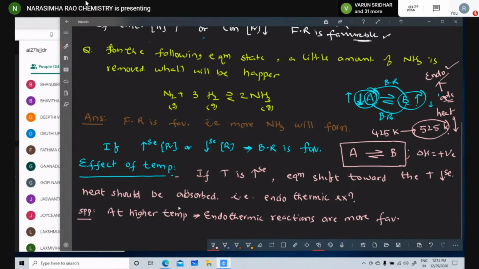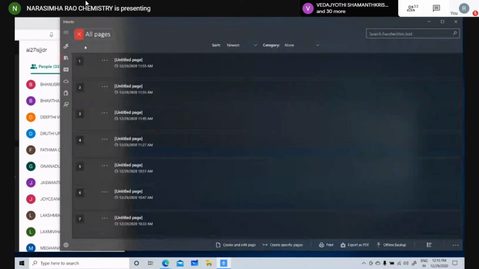Children, it's clear na? Anybody doubt? Yes, sir. Doubt? No doubt. No doubt, sir. No doubts. Sir, 1 minute, sir. Last point. The previous page.